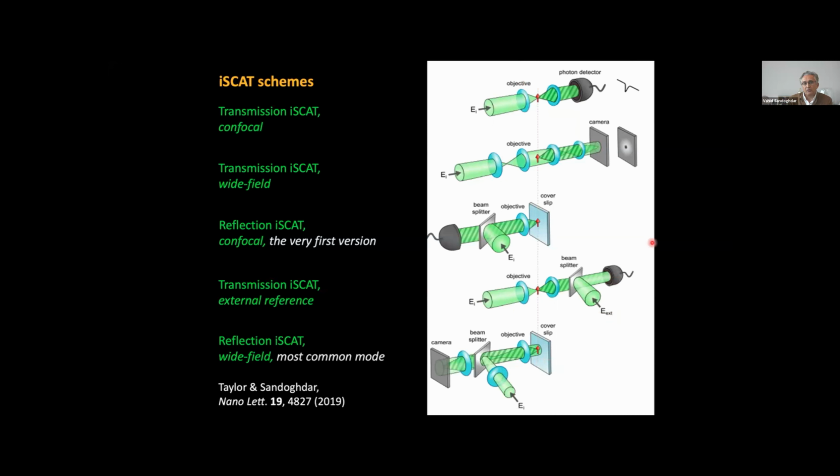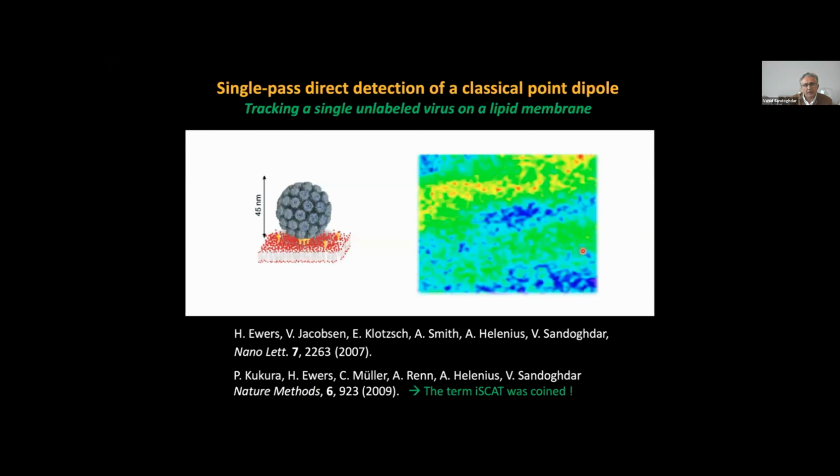Again, all of these I consider iSCAT as long as you're looking at the scattered light and not other types of optical response. And of course, the terminology has evolved over almost 20 years, so now I would like to clean up a little bit looking back, so that the community becomes a little more unified in understanding what really is happening and what's special about the imaging modality.